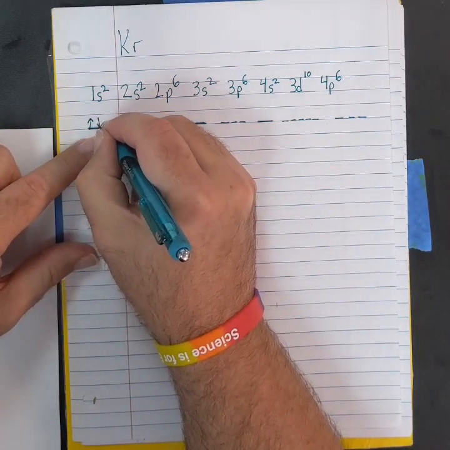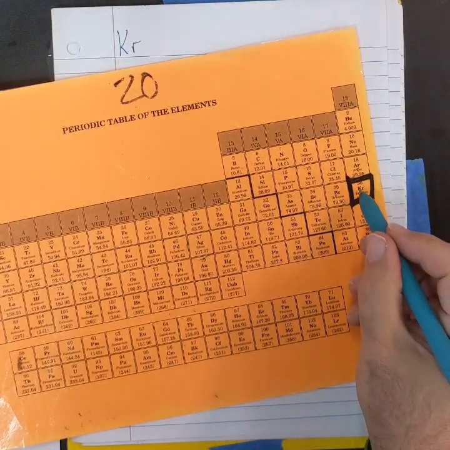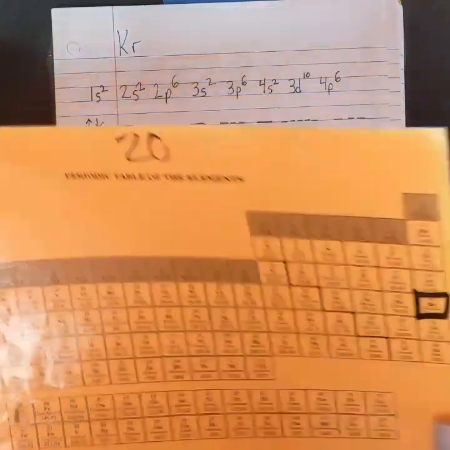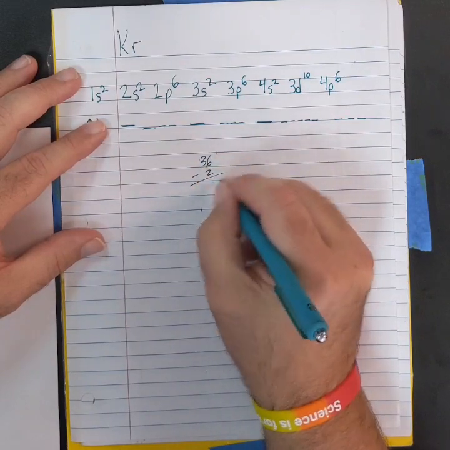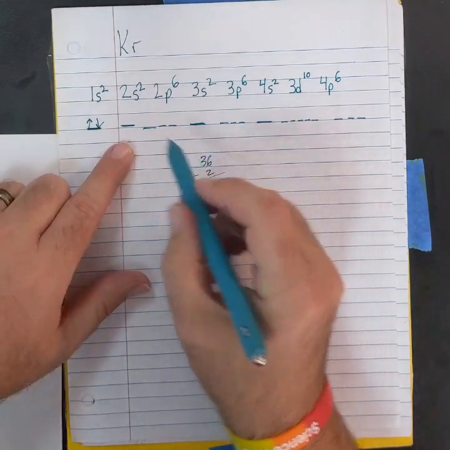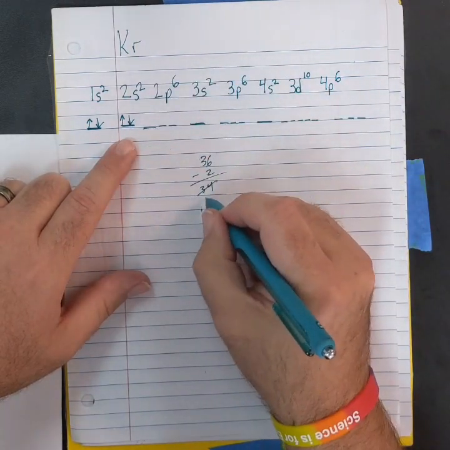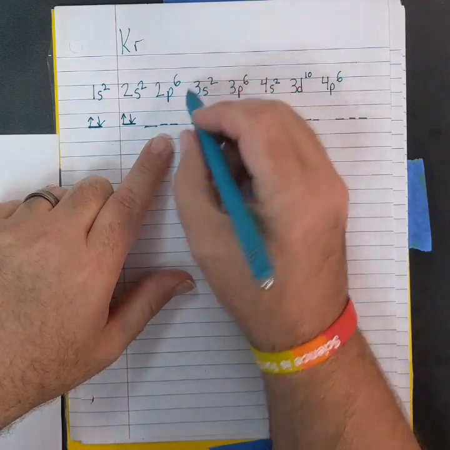First one, second one. Now, if we look at the periodic table, if we want to double check how it works, it has 36 electrons in a neutral atom. So I have 36, I just used 2, that leaves 34. I go to the 2s, 1, 2. So I use 2 more, that's 32. I get to the 2p6.